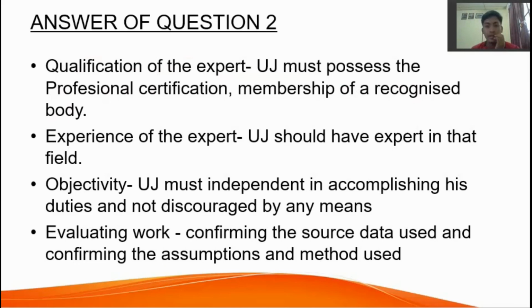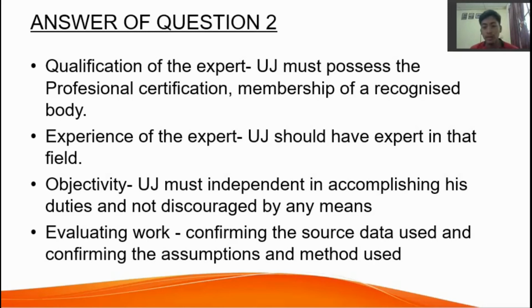For the answer of question 2, the first point is qualification of expert. The UJ must possess the professional certification, membership of a recognized body. The second point is experience of the expert.